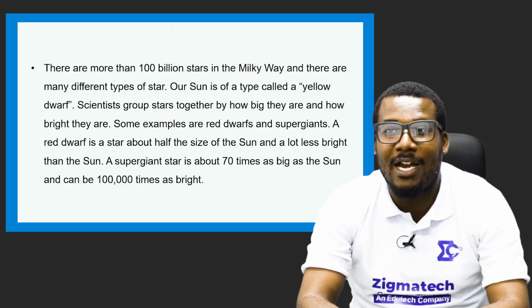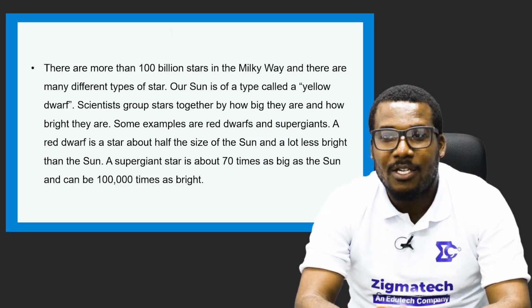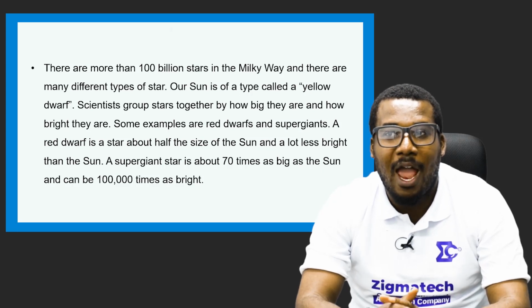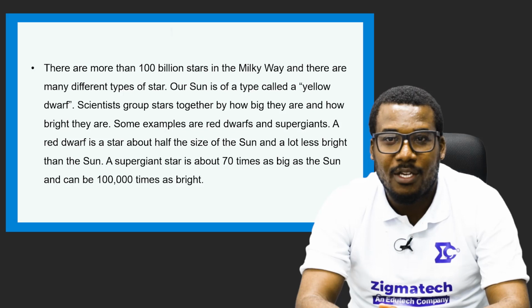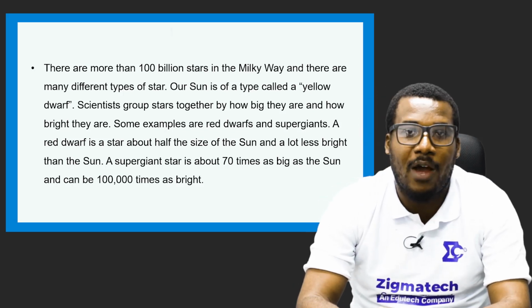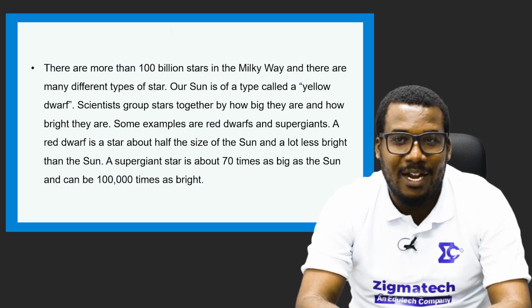Scientists group stars together by how big they are and how bright they are. Some examples are the red dwarfs and supergiants. A red dwarf star is about half the size of our sun. Very small guy, and a lot less bright than our sun.